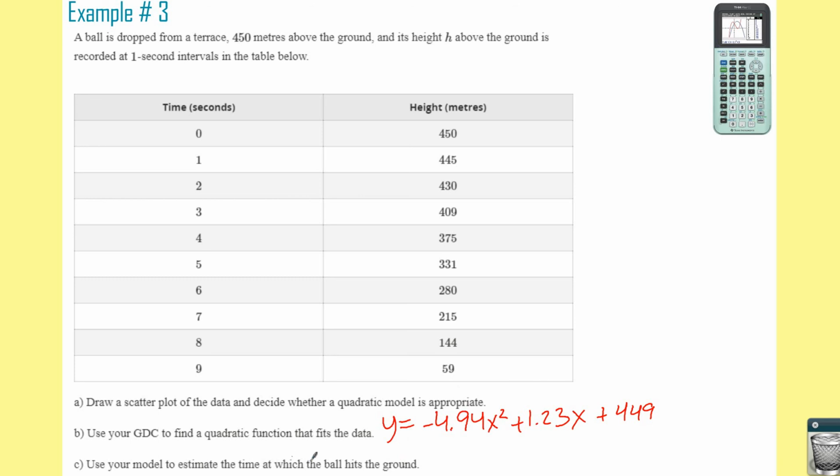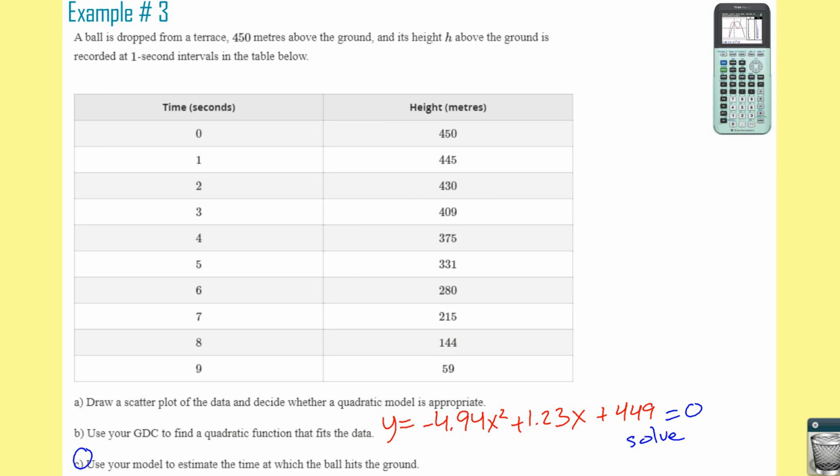And now you want to estimate at what time the ball hits the ground. So if it's hitting the ground, then that means the height must be 0. So what you would do for part C here is you would set this equal to 0 and solve. Alright, so you should get 2 answers. And you think about which one makes the most sense.